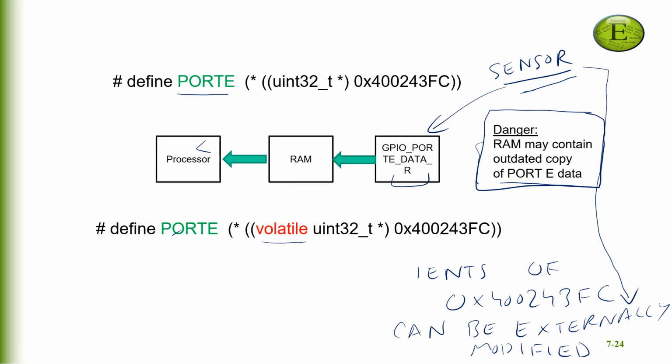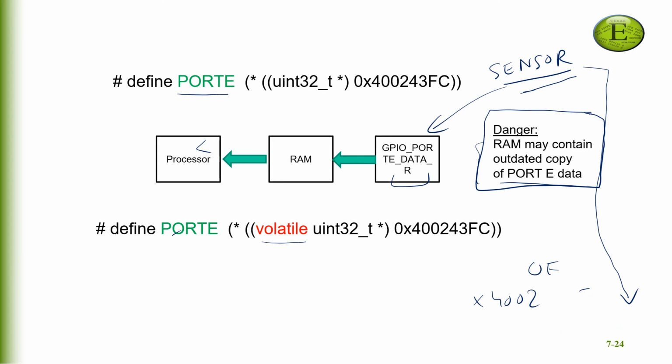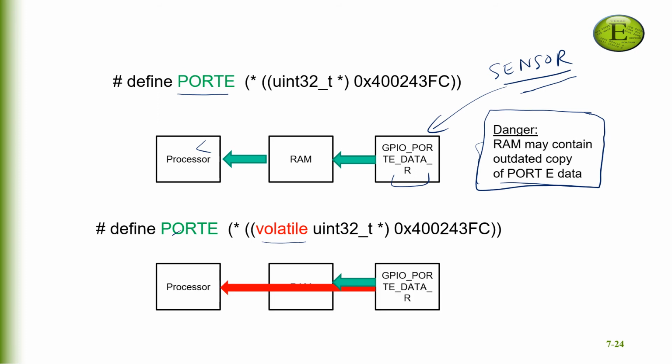Therefore, whenever there's a danger that the contents of the RAM, in our case, because the ports are memory mapped, the data on the ports can change by external means. Therefore, it is very important that whenever we make a reference to port E, the processor should get the updated value and not just the value from the RAM for performance improvement.